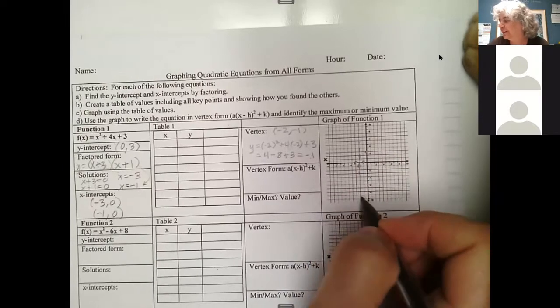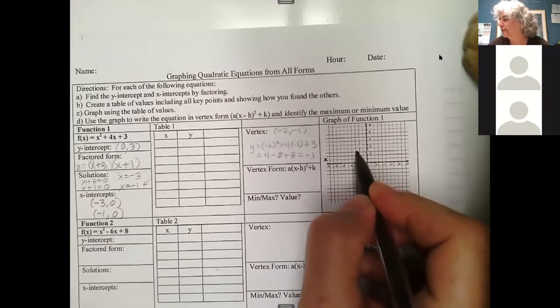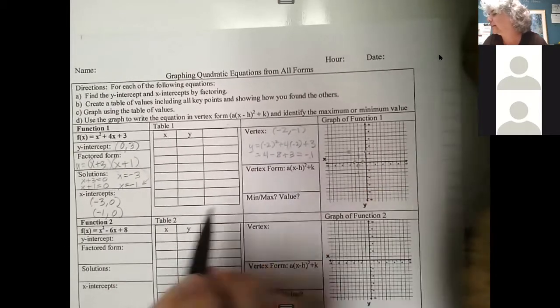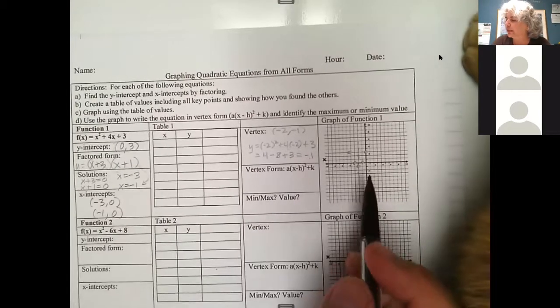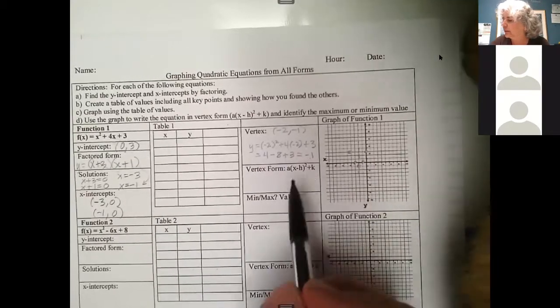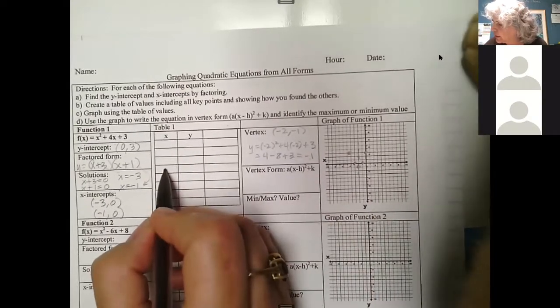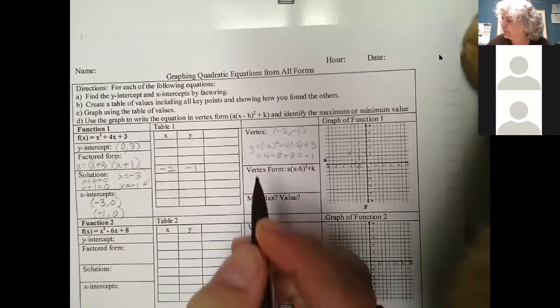Line of symmetry. So we've got this matching point over here. All right, so that's going to give me my problem. I'm going to go ahead and put these points in the middle of my table. So the vertex, I'm just going to say right here, somewhere about the middle, (-2, -1).